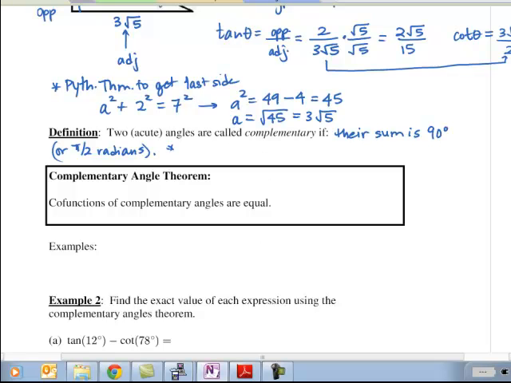And what you want to notice is that the two non-right angles in a right triangle are complementary.